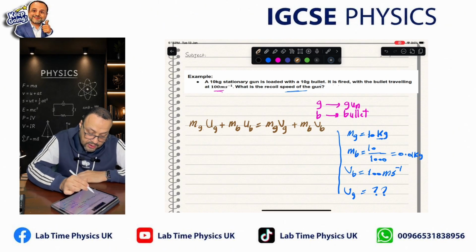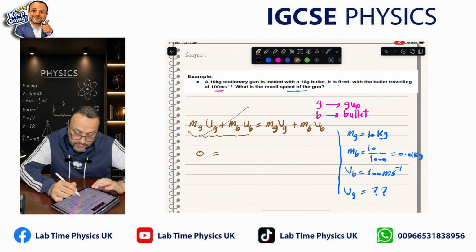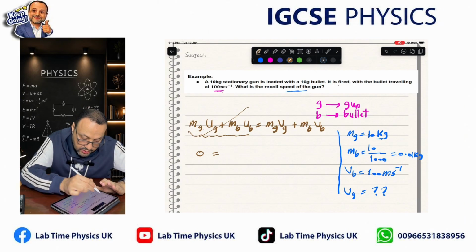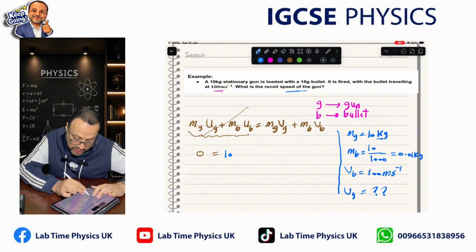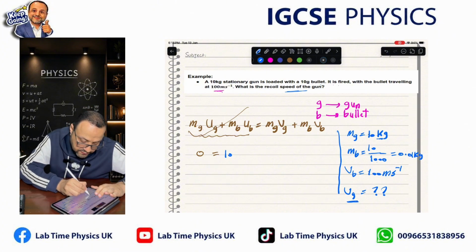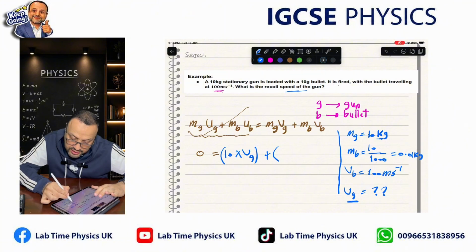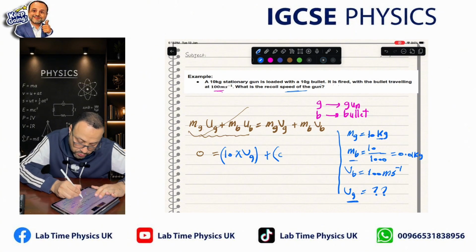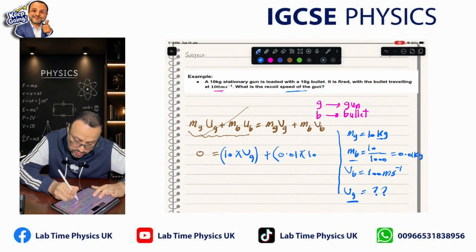As I said, the total momentum before collisions equals 0. So this means that 0 equals mg VG, where mg equals 10 kilogram, times VG. He asked me to get VG. Plus MB VB. What about MB? MB equals 0.01 kilogram, so 0.01 kilogram times 100.